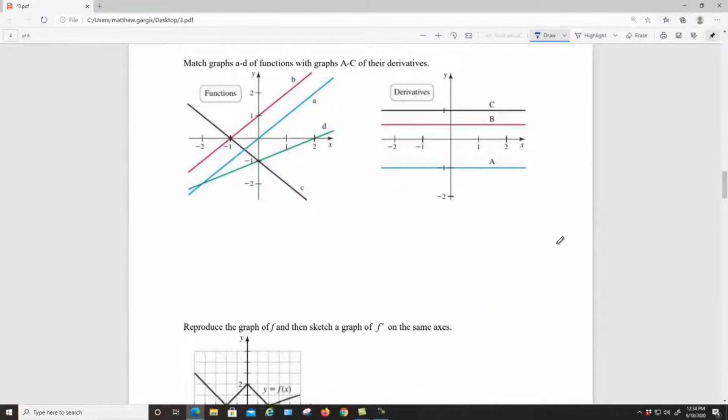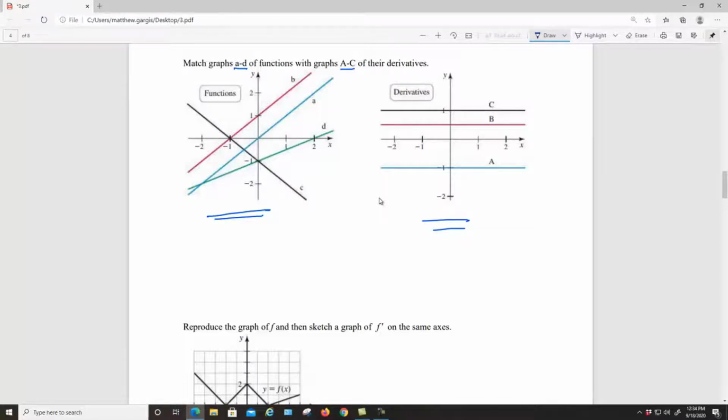Let's look at this problem. Match the graphs of lowercase a through d of functions with graphs capital A through C of their derivatives. This graph has functions, this graph has derivatives. The first thing I notice is all these functions are just lines. Remember, the slope of the tangent line of a line is just the slope of that line.